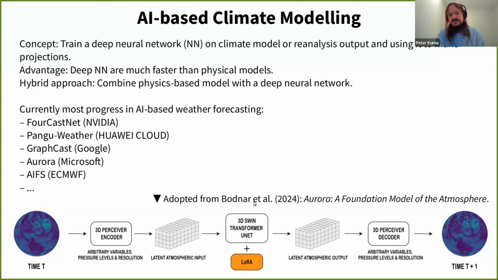And so we train the coefficients in the neural network in such a way that they can calculate the next time step of the model from the current time step.